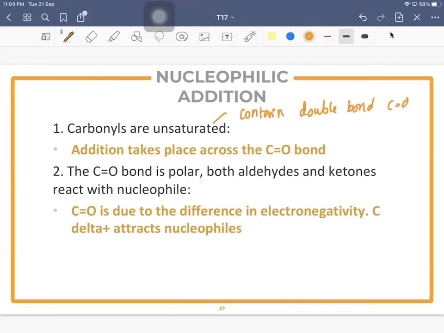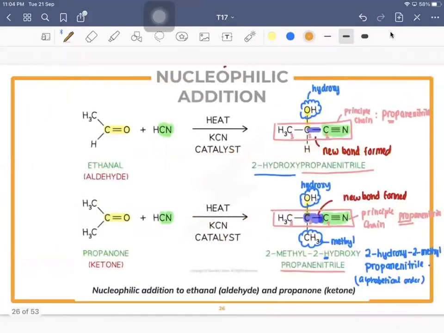So because of this unsaturation, addition will take place across the C double bond O. So you can see just now, we are adding, the C double bond O will be broken. The carbon will be attached to C triple bond O, and the oxygen is attached to the hydrogen.